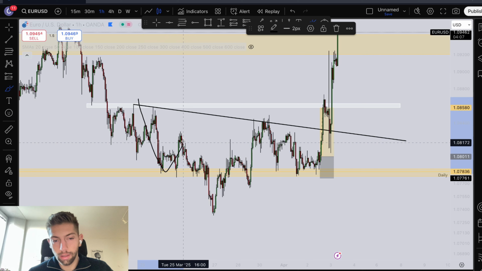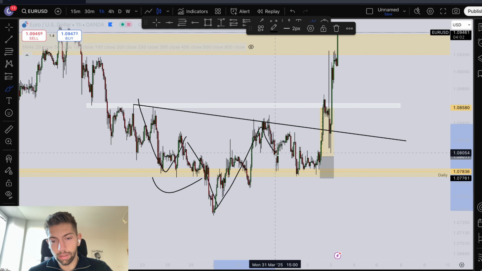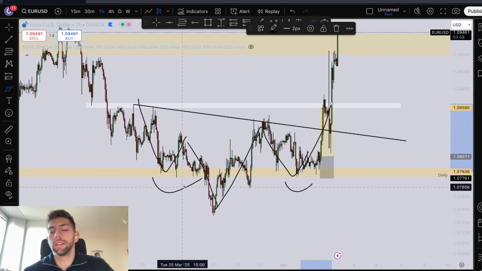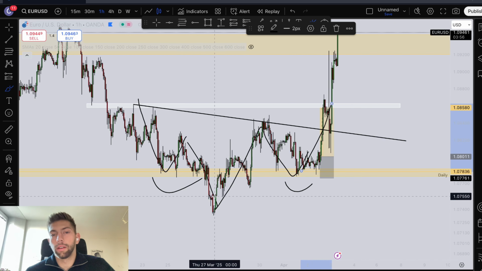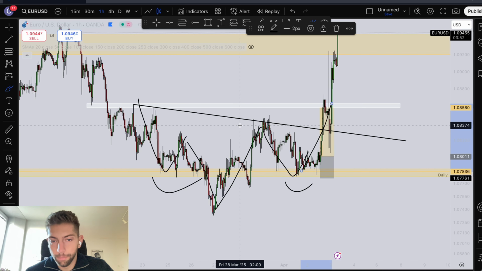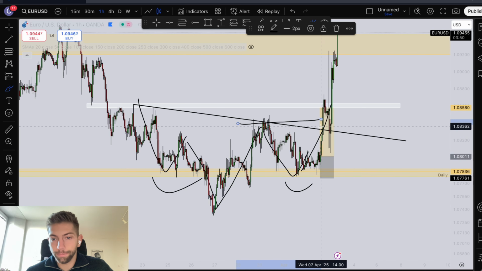As you can see, this was the left shoulder, this was the head, and this was the right shoulder. Price breaks it. I considered it a normal break of structure, not a head and shoulders, but a break of structure right here.